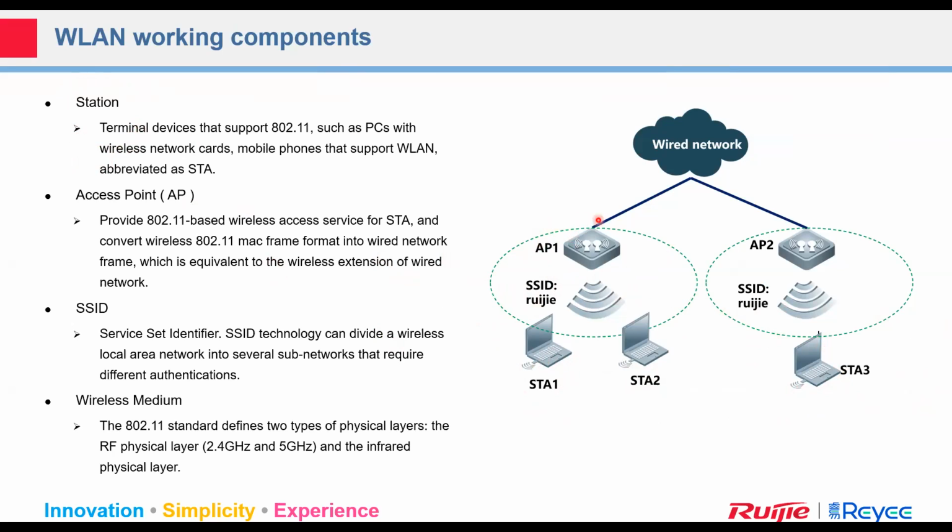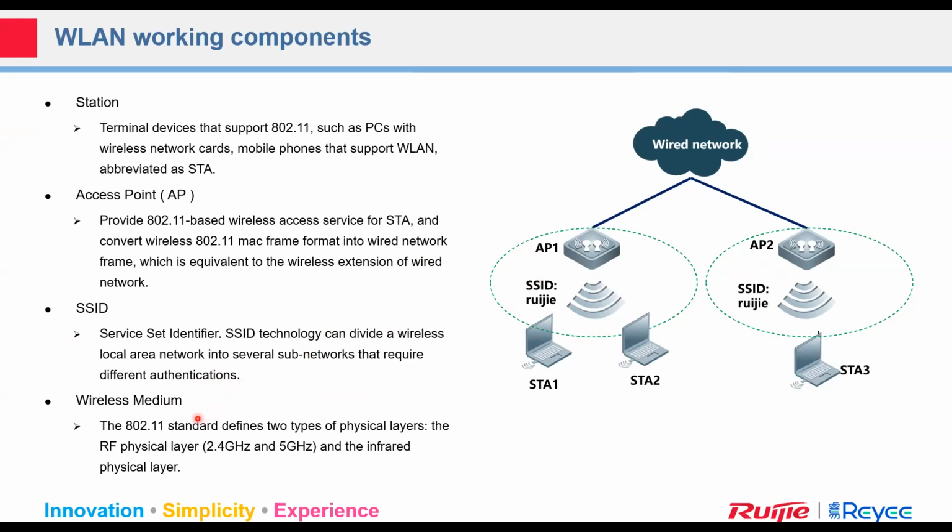Access point is the AP that provides 802.11 MAC frame conversion into a wired network frame, which is equivalent to a wireless extension to a wired network. SSID is the service set identifier, which can divide a wireless local area network into several sub-networks that require different authentication.